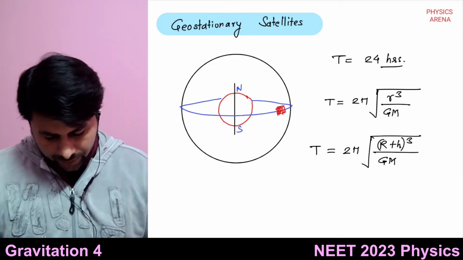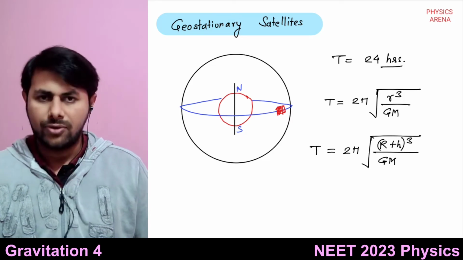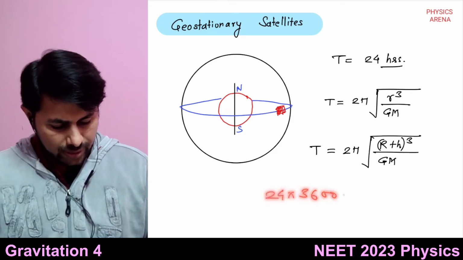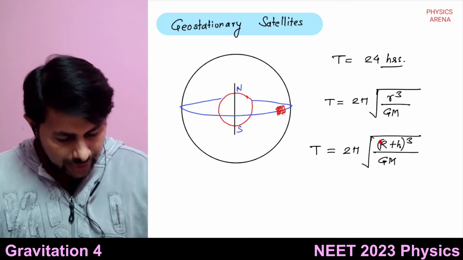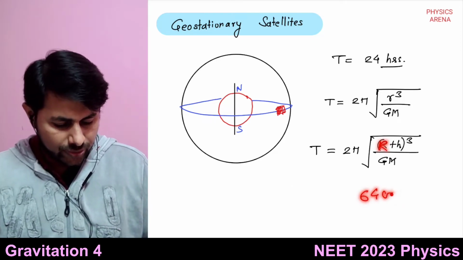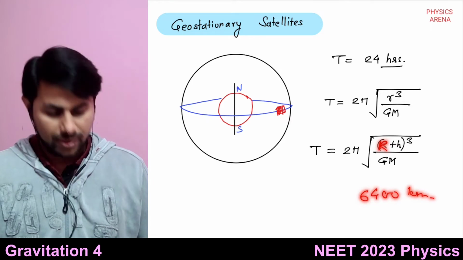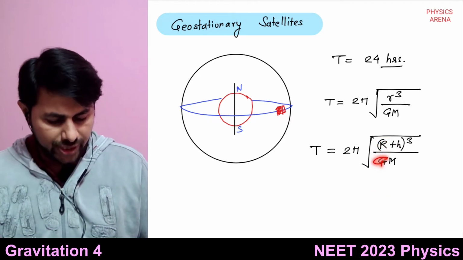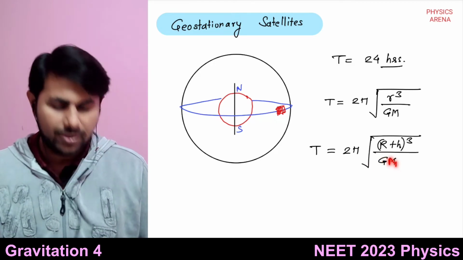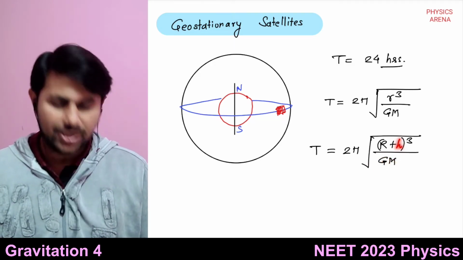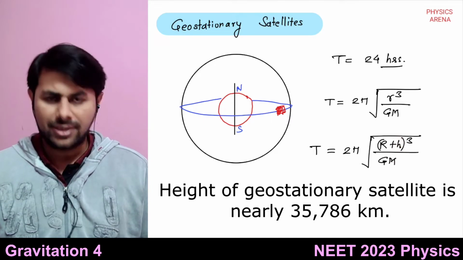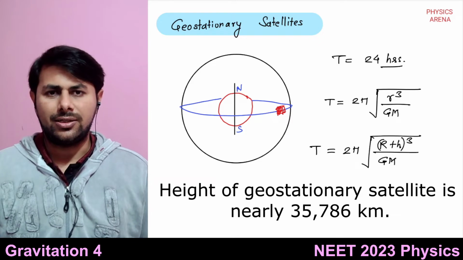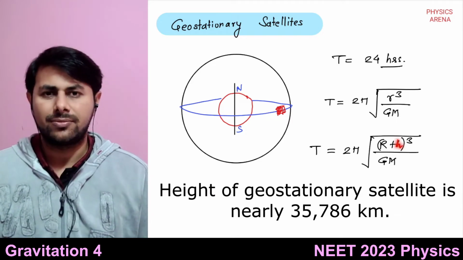So now if you substitute T equals 24 hours, so it is 24 multiplied by 3600, then you have R equals 6400 kilometers. Okay, 6400 kilometers. And then you know G, you know capital M, so h is the only unknown. If you substitute all those things, you can find out h.